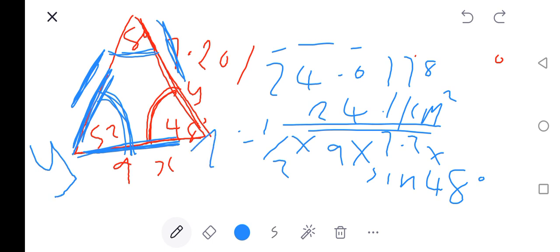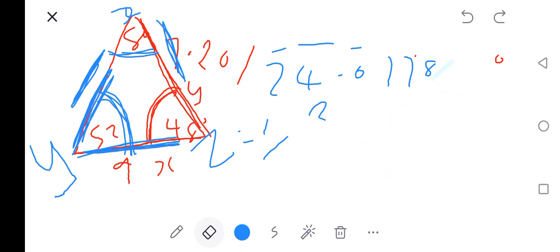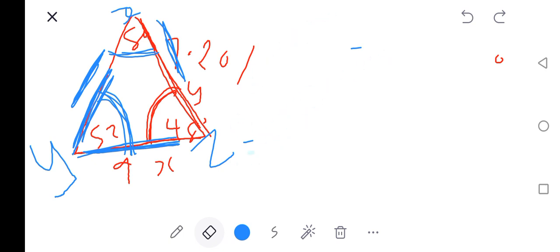This is my Z, this is my X. The formula is H equals 2A over B.